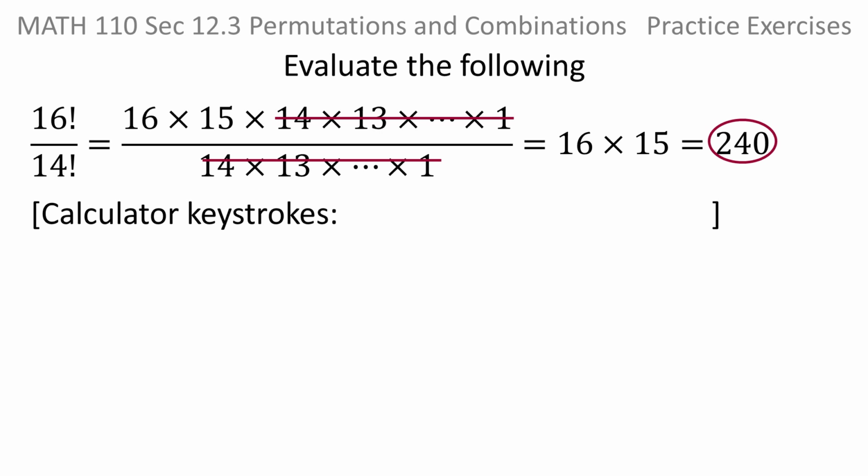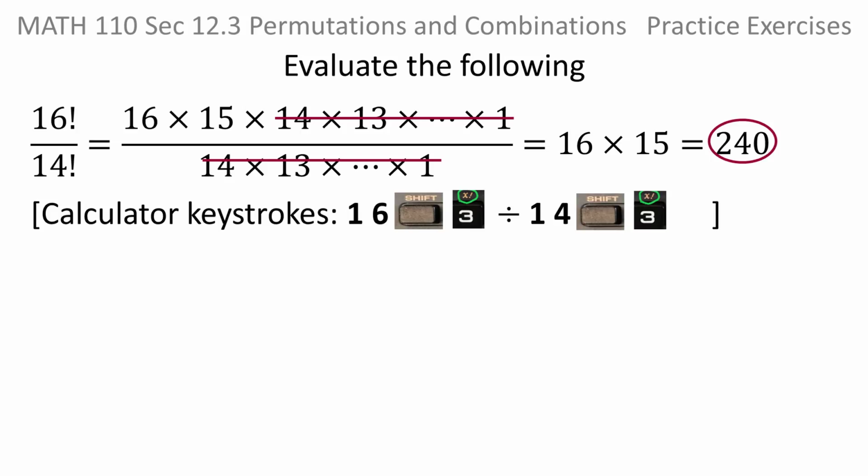On the other hand, we're practicing our calculator skills, so let's do this with the calculator keystrokes. If you want to do this on a calculator, you would enter 16, then Shift 3, which is the factorial. That will give you the answer for the numerator. Then you hit the division key, then you type in 14 and do Shift 3, and that gives you the 14 factorial value, and to make it do the division, you have to press equal.